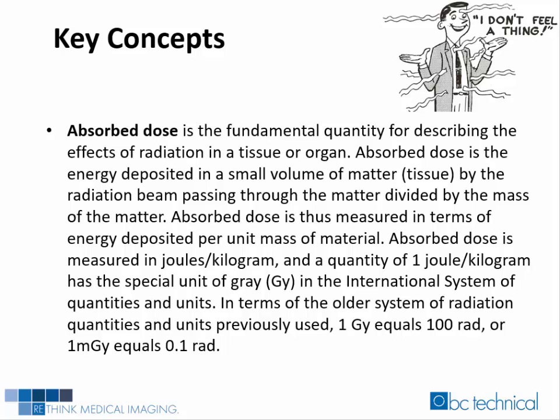Absorbed dose is measured in joules per kilogram, and a quantity of 1 joule per kilogram has the special unit of Gray in the International System of Quantities and Units. In terms of the older system of radiation quantities and units previously used, 1 Gray equals 100 rad, or 1 milligray equals 0.1 rad.